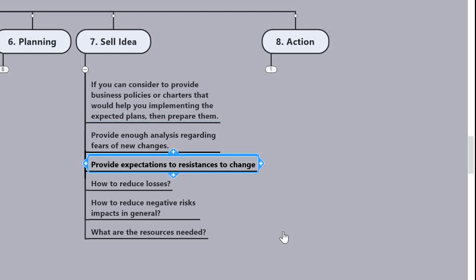Provide expectations of resistance to change. Resistance to change is a very psychological problem, where sometimes the human resources and the staff dislike change and resist the top management decisions.